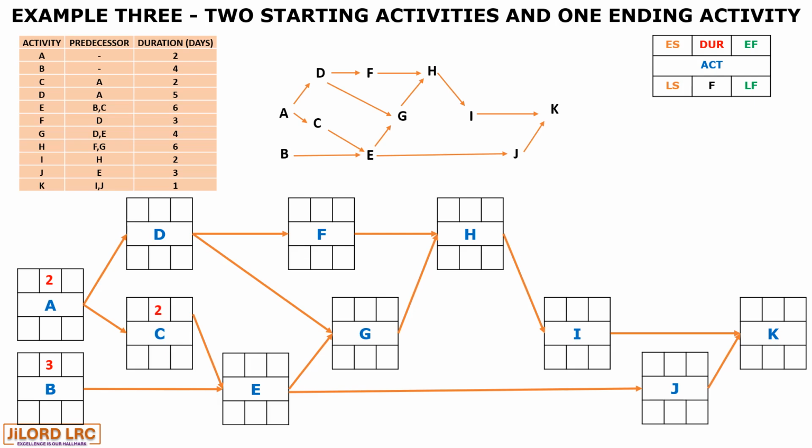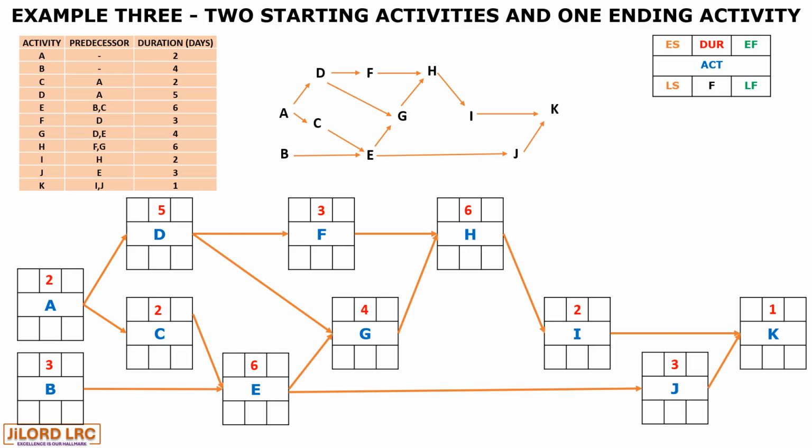So we have activity A being 2, 3 for B, C has 2, D has 5, E has 6, F has 3, G has 4, H has 6, I has 2, J has 3, and K has 1.